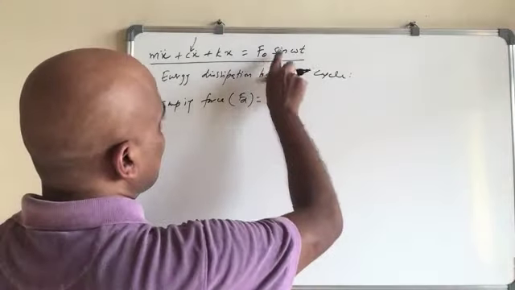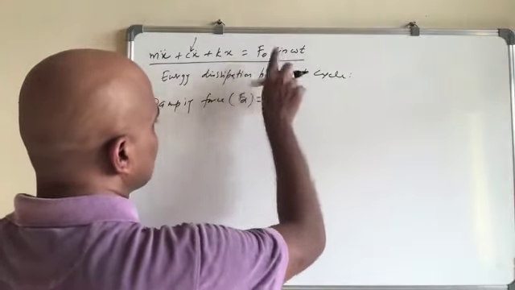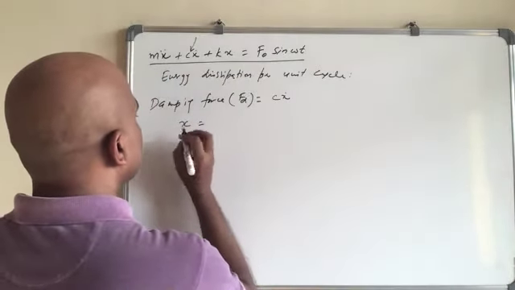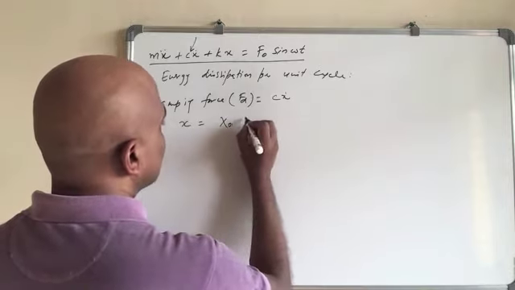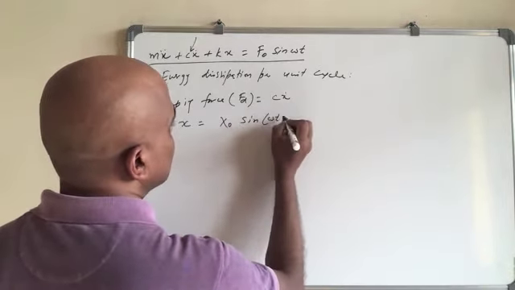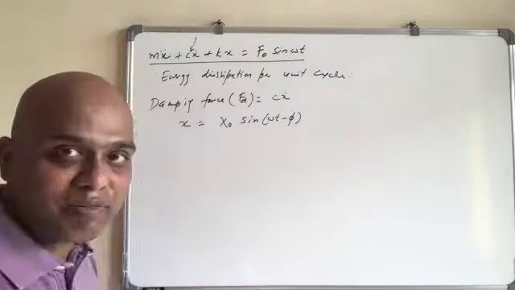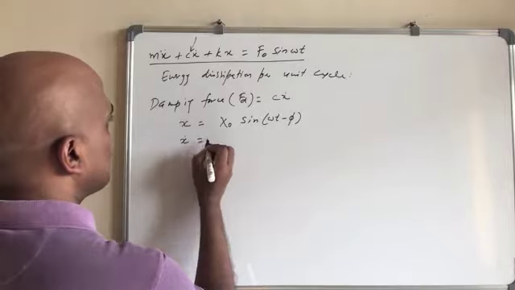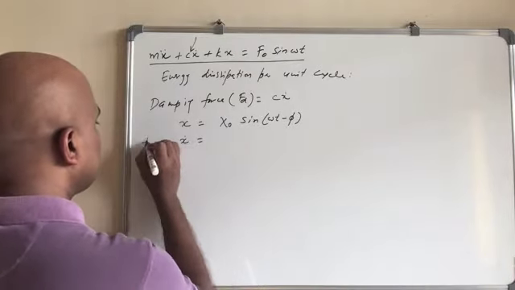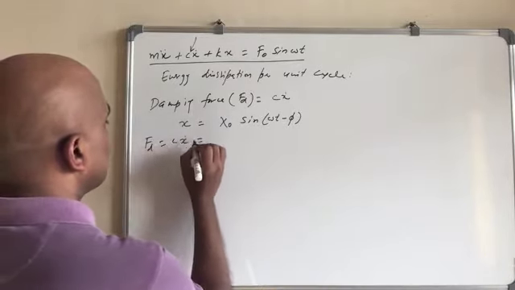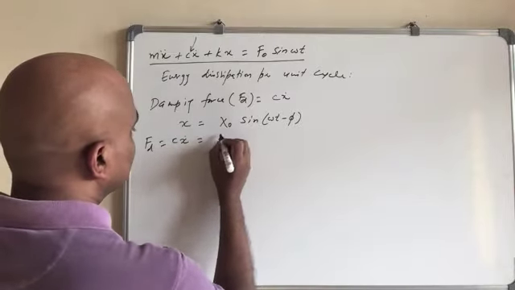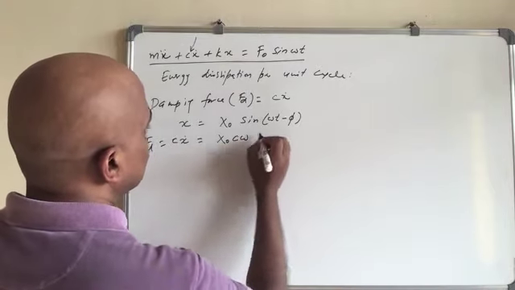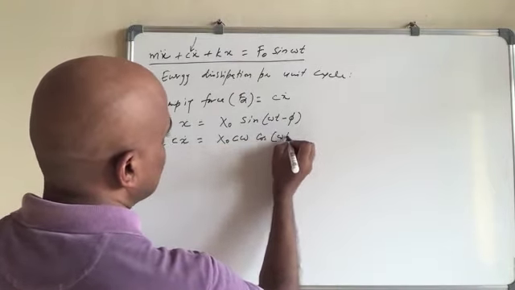If this is forced vibration, with F equal to F naught sine omega t, we know that x equal to x naught sine omega t minus phi. So Fd equal to C x dot will be equal to x naught C omega cos omega t minus phi.